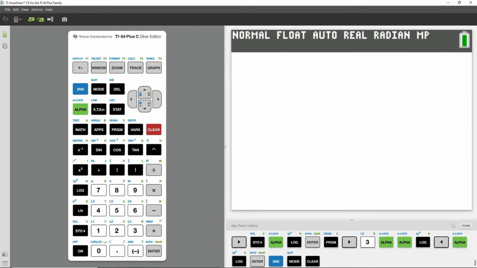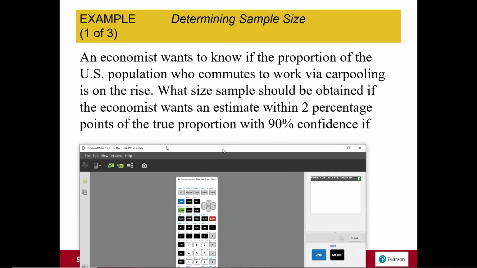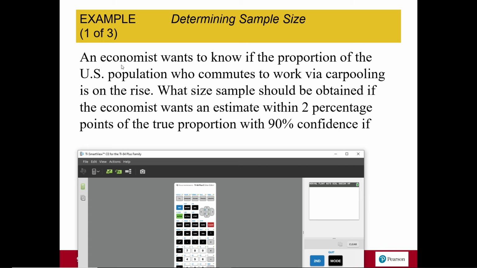We need a problem to test it on, and it looks like we have a problem now. It says an economist wants to know if the proportion of the U.S. population who commutes to work via carpooling is on the rise. What size sample should be obtained if the economist wants an estimate within 2 percentage points of the true population with 90% confidence?